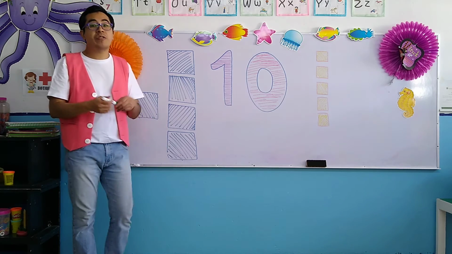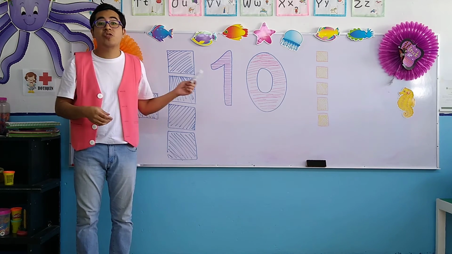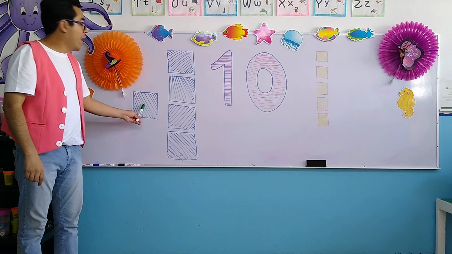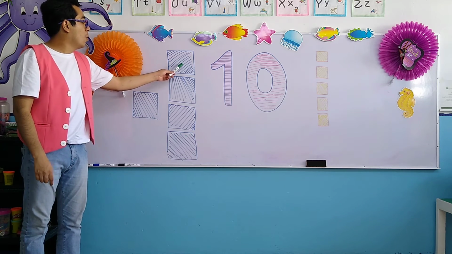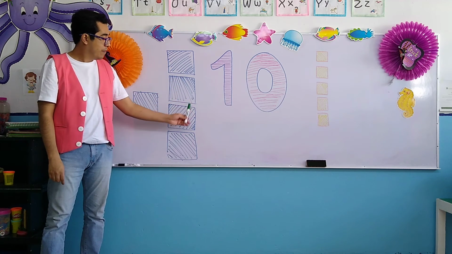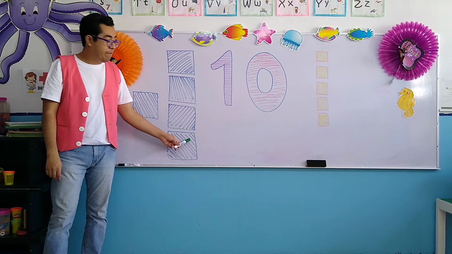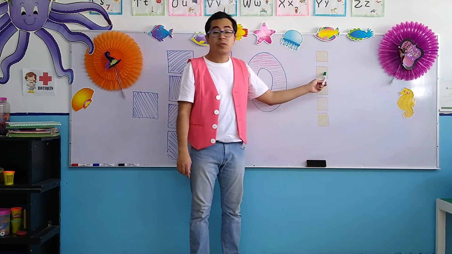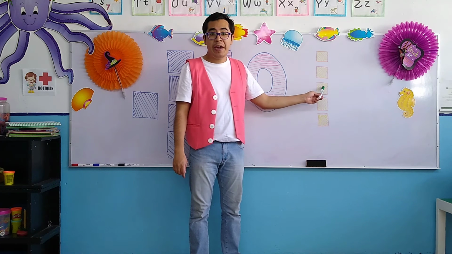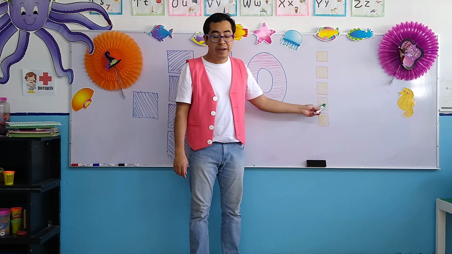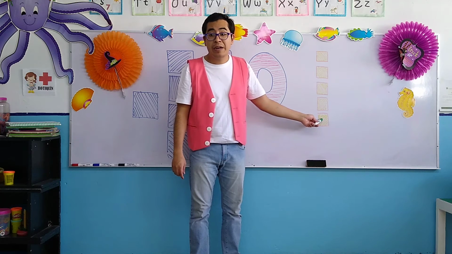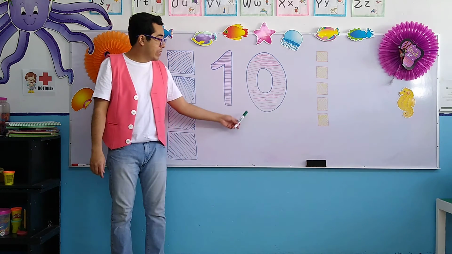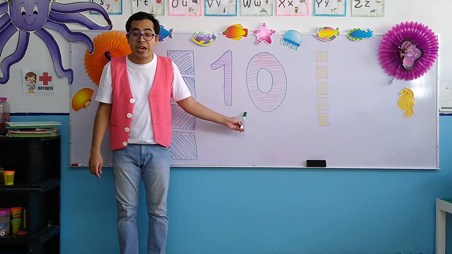For this, remember, you have to help the teacher count the squares. 1, 2, 3, 4, 5, 6, 7, 8, 9, 10. So the number that is in the middle, number 10.